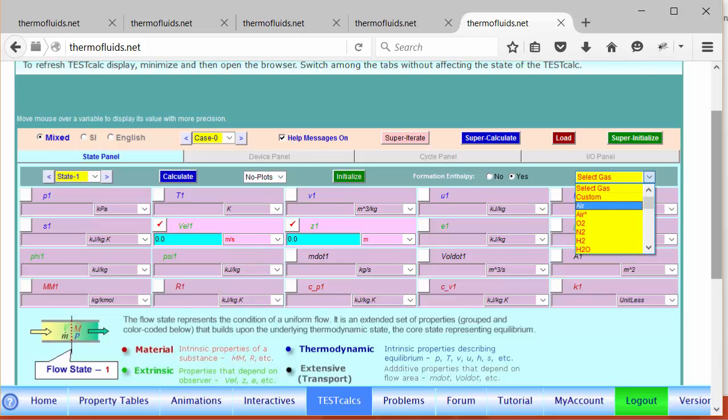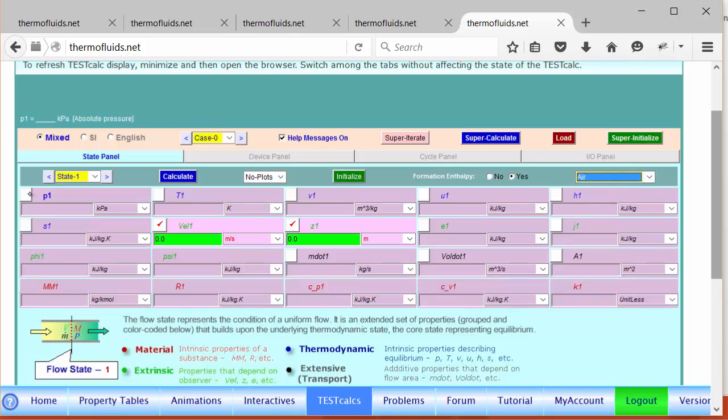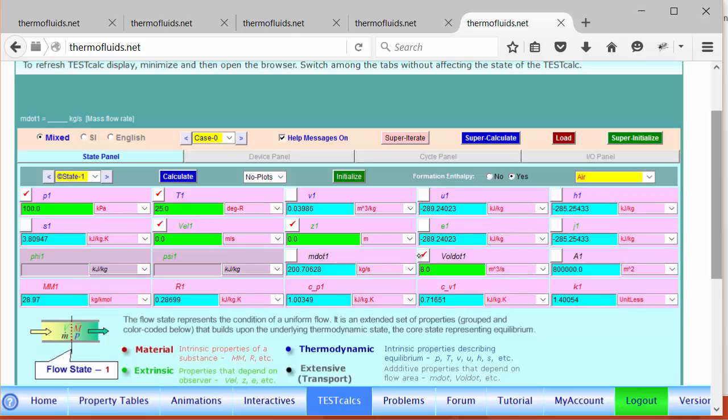First step, we select air. State 1 is already selected here, so state 1, the inlet state, is at 100 kPa and temperature is 25 degrees Celsius. The volume flow rate is given to us as 8 meter cube per second. So that's enough information. We can just click calculate or hit enter to find the state.